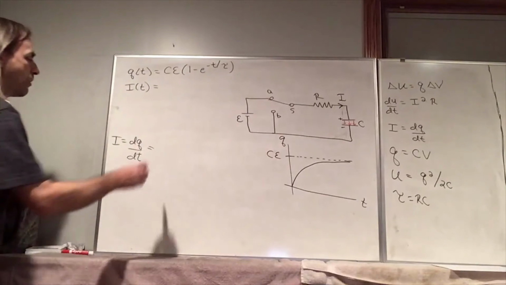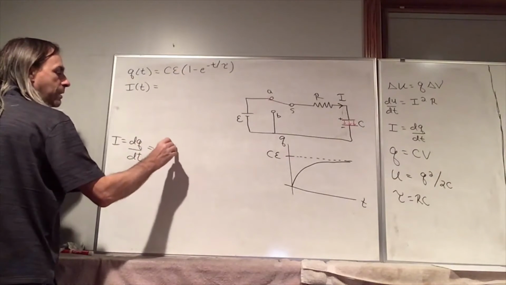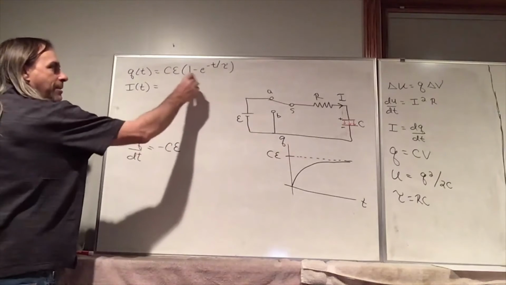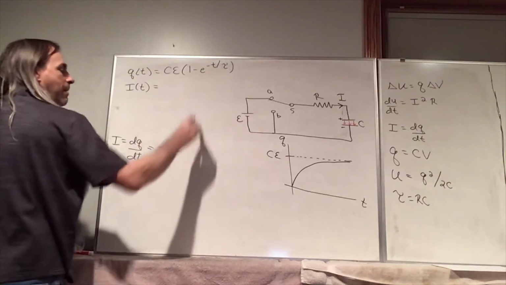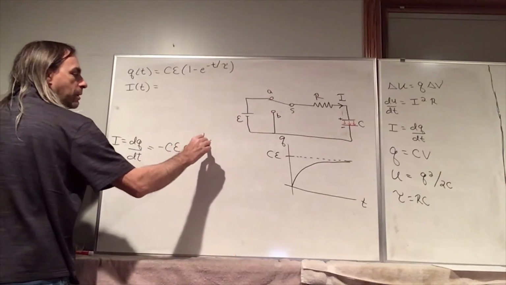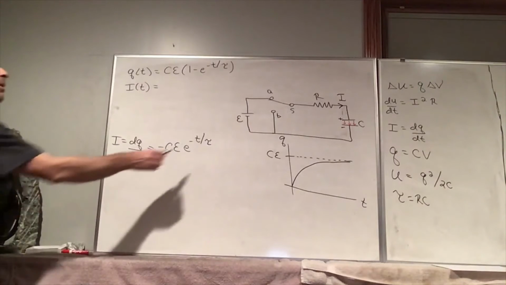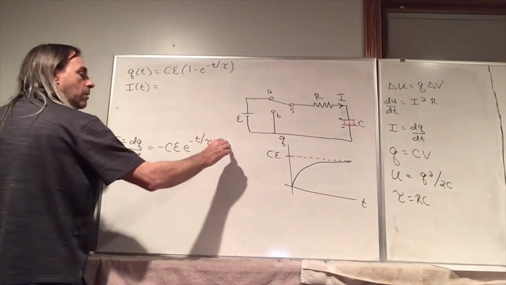So we have minus C epsilon times the derivative of e to the minus t over tau. The derivative of e to the x is, of course, e to the x, but we have to apply the chain rule.